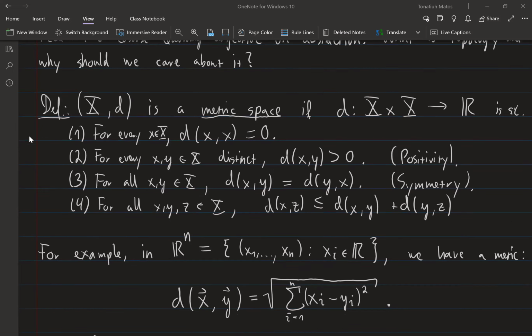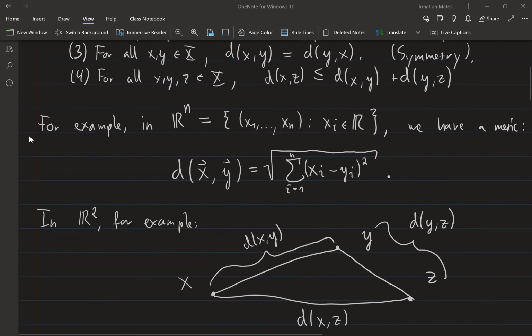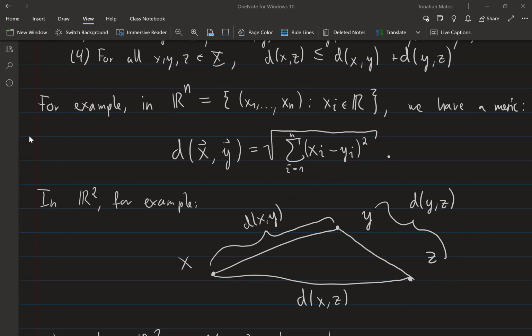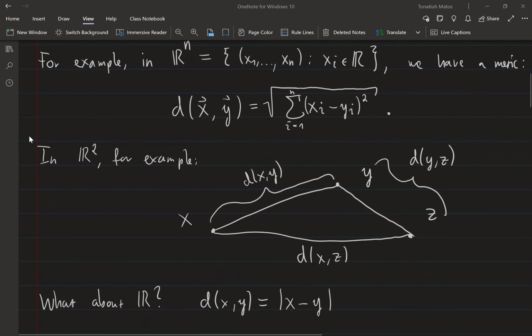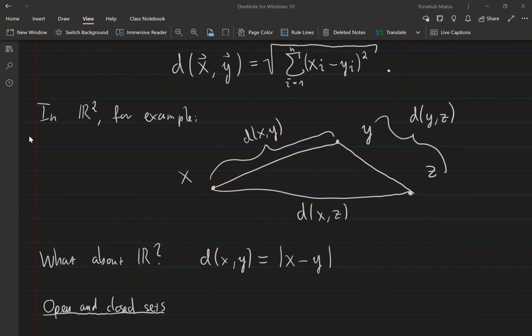This is how you measure distances between points, basically using a right triangle to measure the length of the hypotenuse from some point to some other point, right? So here's an example in R2 from the triangle inequality. I did not prove that this is a metric, but everything that you need to prove that it is indeed a metric has been done in the past when I talked about the absolute value and stuff like that, right?